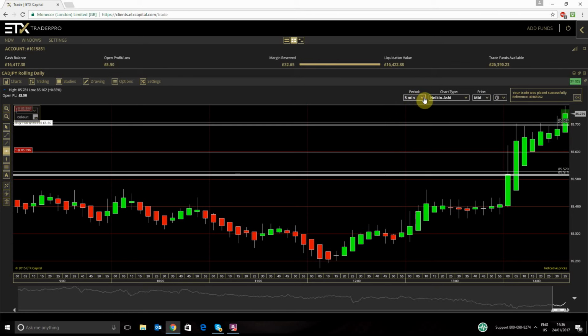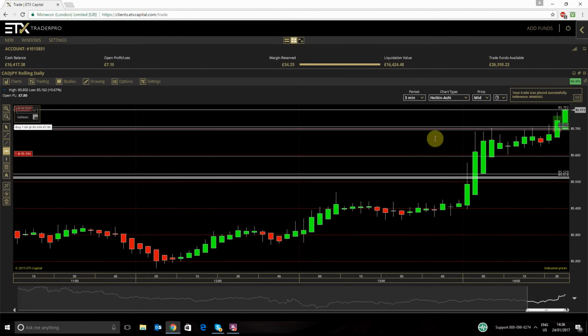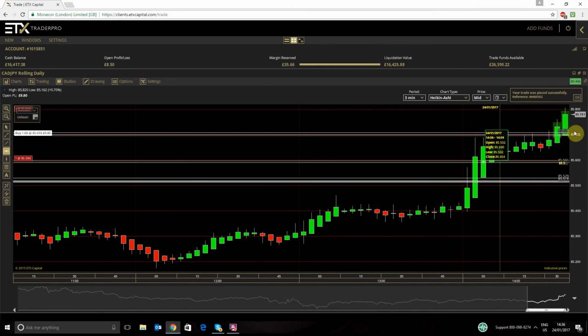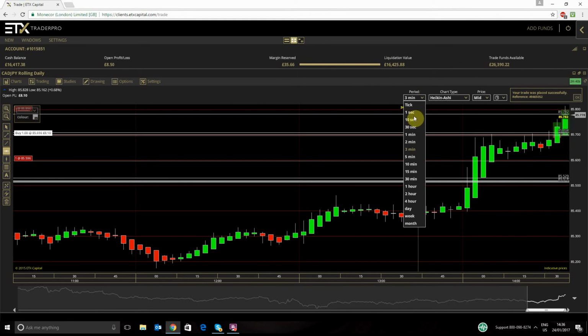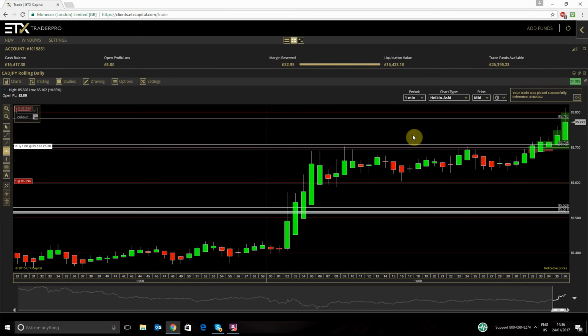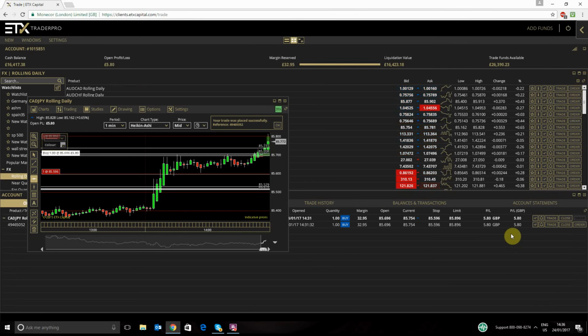And then I'll check the 3-minute chart, and the 3-minute chart is still telling me the same thing, so we're good. And what is the 1-minute chart telling us? Yep, still going up. So let's see what is happening now. I've already made about 6 points, because I'm trading £1 a point.